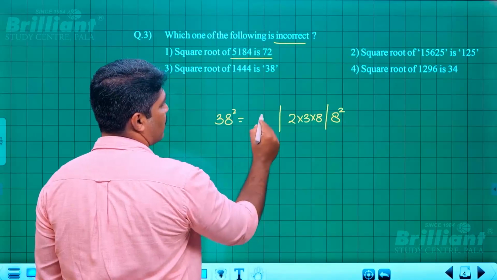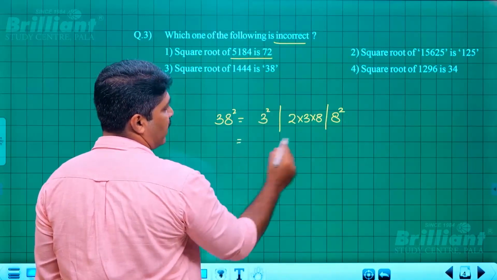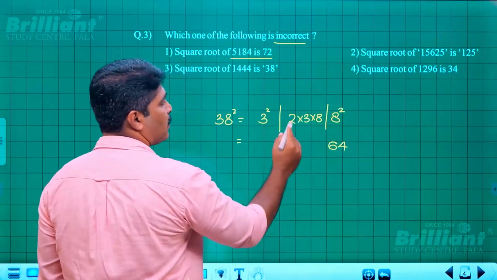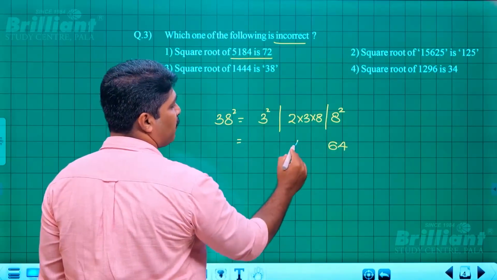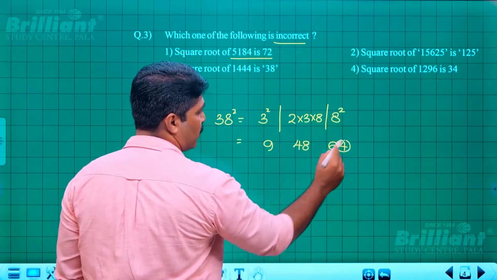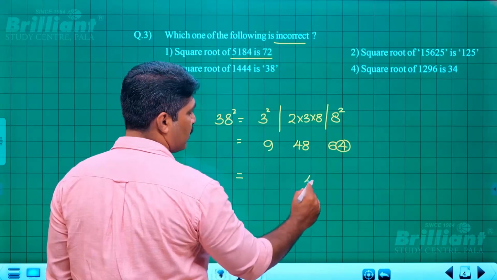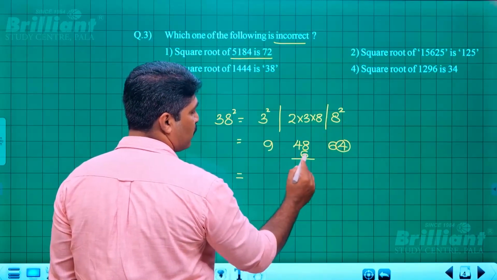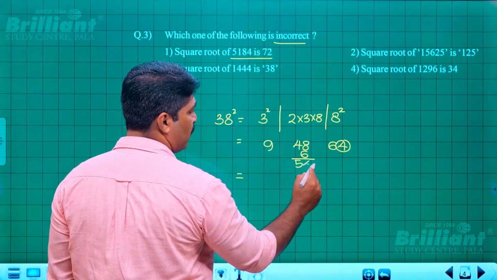And the last step is 3 square. What is 8 square? That is 64. This is 6 into 8, 48. This is 9. So take only one digit here. Our answer's unit digit is 4. The 6 we carry forward here. So that is 48 plus 6, which is equal to 54.